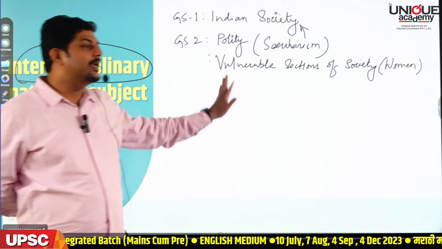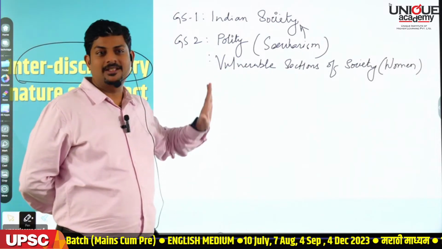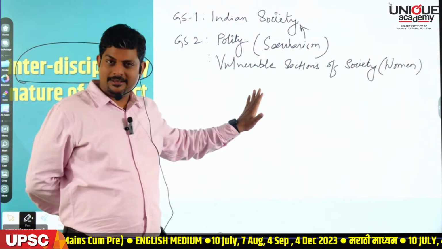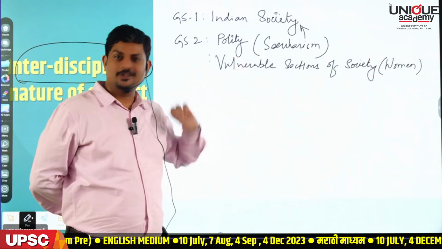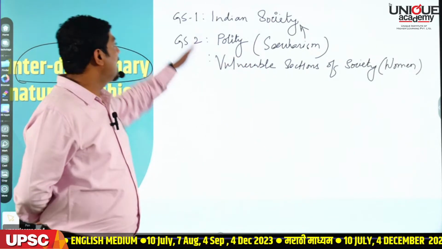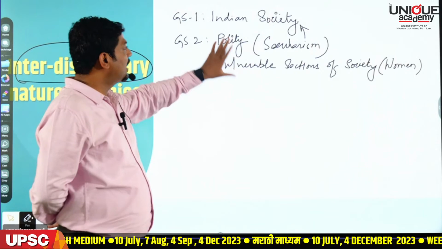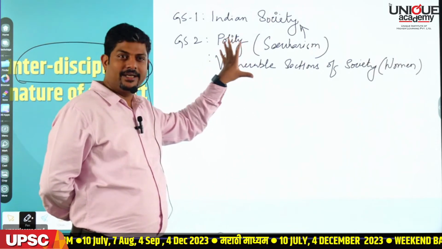Has the government identified scheduled castes and other backward classes as the backward sections of society? So then again see, Indian society part is highly connected to GS2.